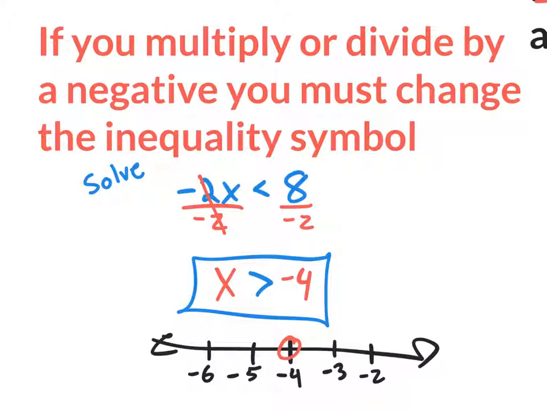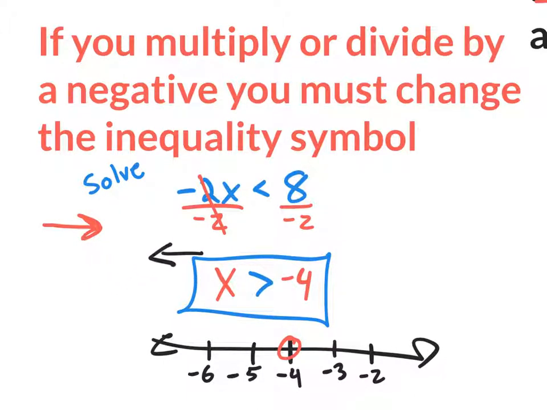Another thing that students like to do, visually, they see this inequality symbol kind of like an arrow. So you could envision an arrow telling you to go that way. If it were the other one, it would be telling you to go that way.